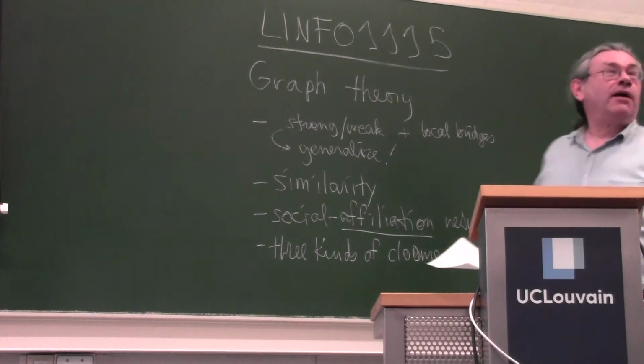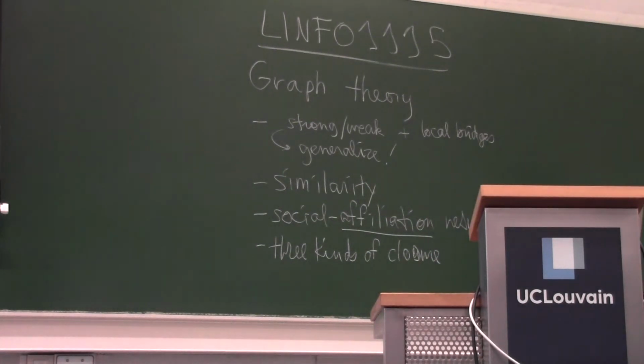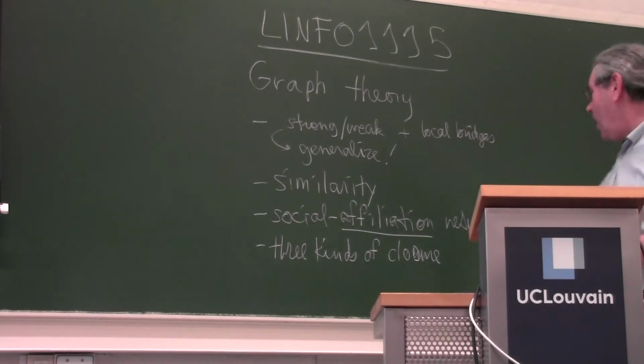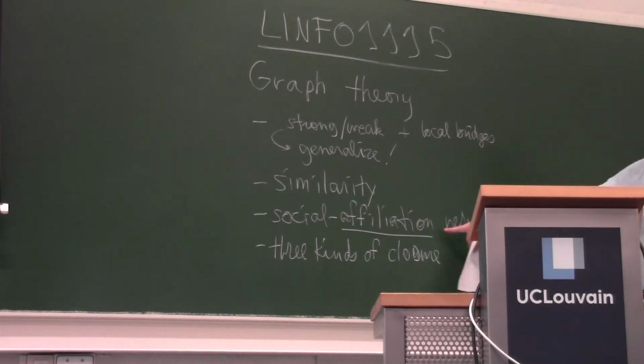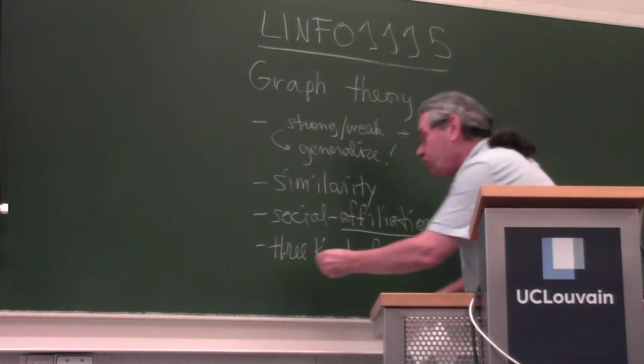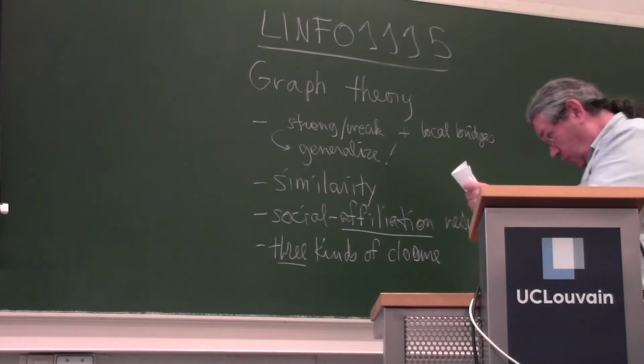In order to not use the word friends too much, this is called triadic closure. But if you have social affiliation networks, this will tell us why they are friends in the network. And then, instead of just one kind of closure, we have three kinds of closure.